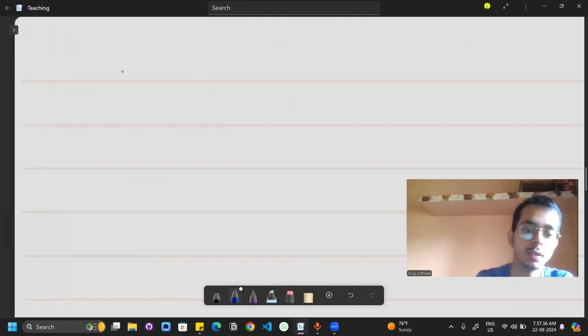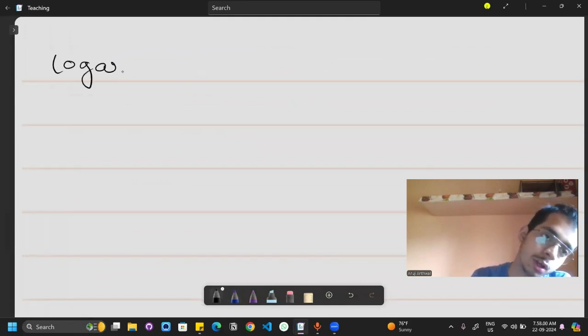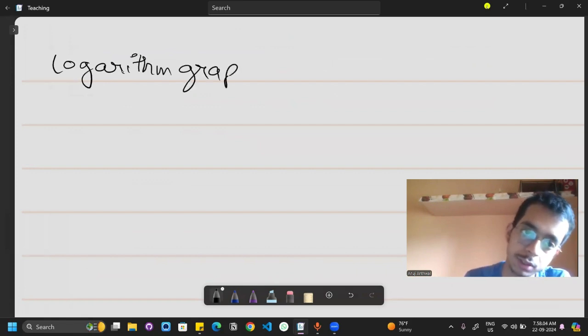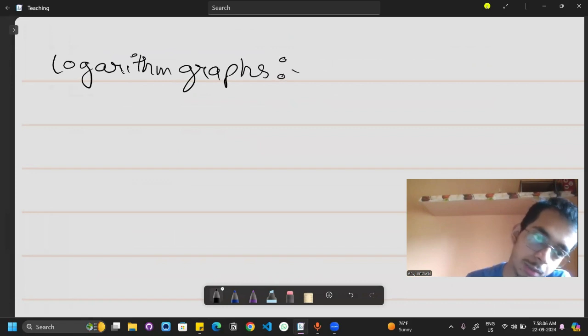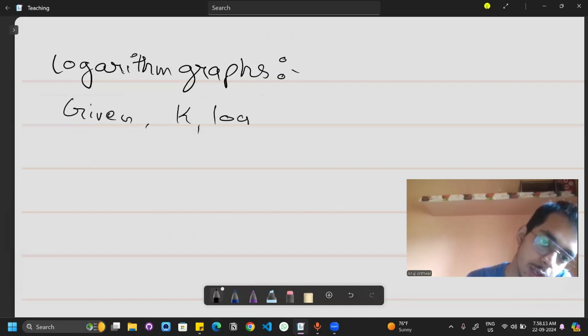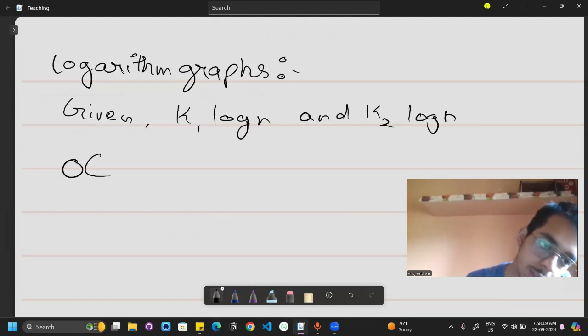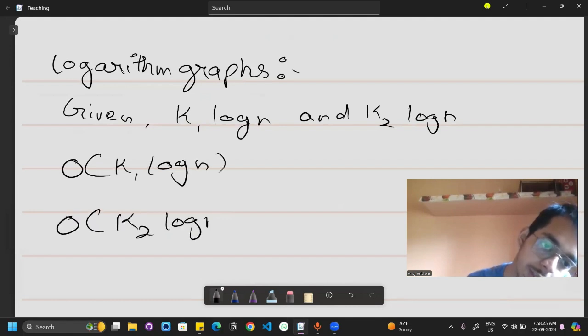So if you see in that example, logarithmic graphs, given k1 log n and k2 log n, what is the order of k1 log n and the order of k2 log n?